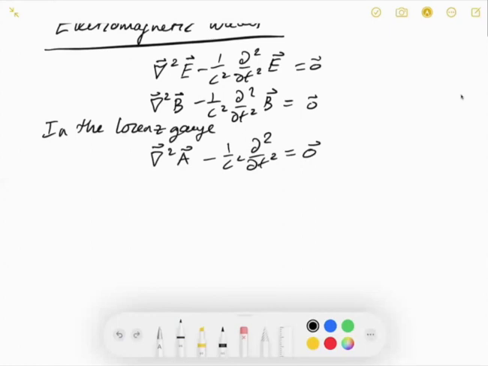Oops, I need an actual A. I think I did that before. And the same for the scalar potential is 0, but of course this one is not a vector quantity, it's a scalar quantity.